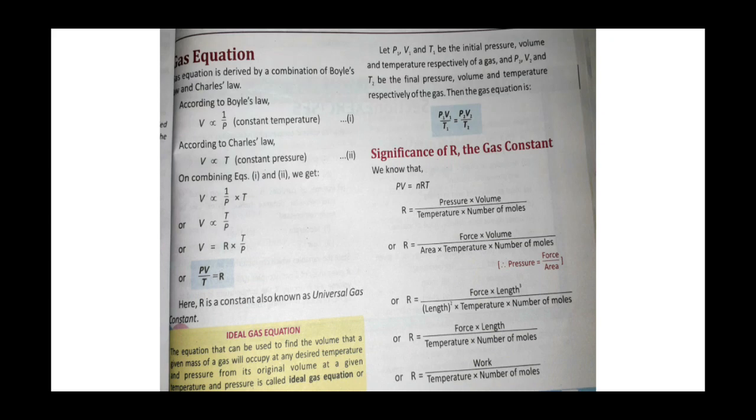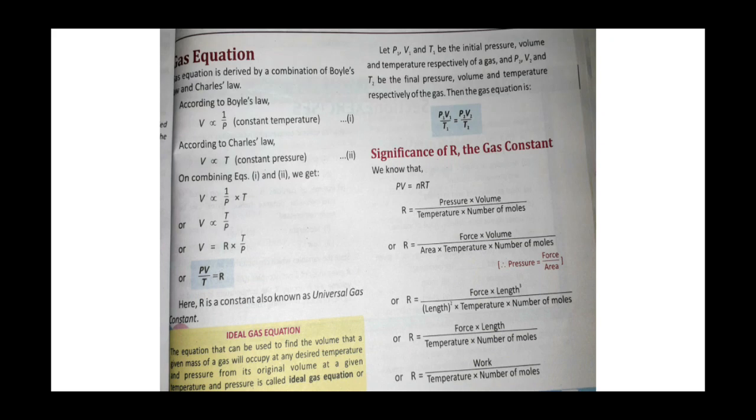On combining equations 1 and 2, we get V is directly proportional to T and inversely proportional to P. When you remove the sign of proportionality, you get V = RT/P, where R is the gas constant, which is known as the universal gas constant.